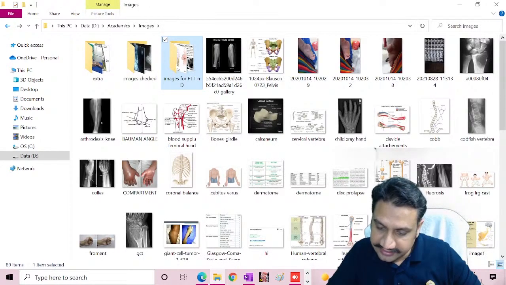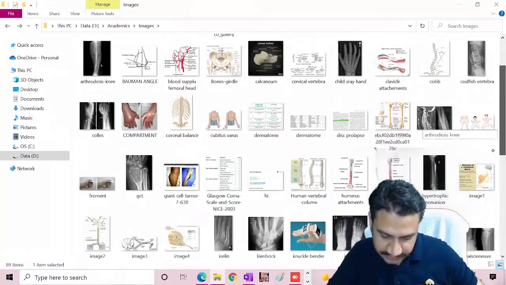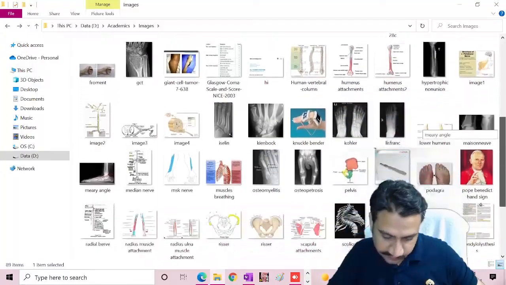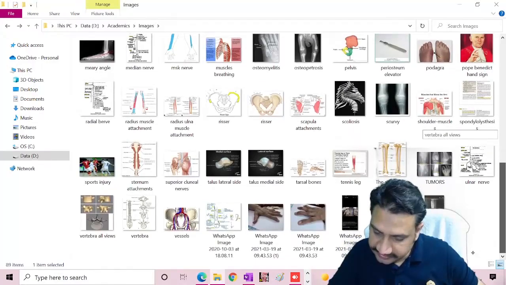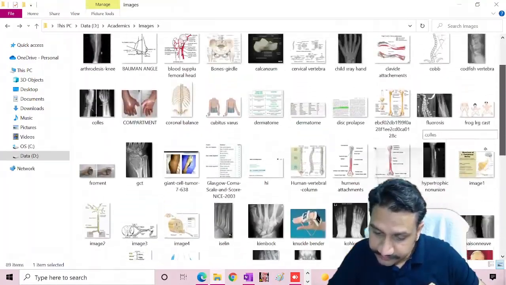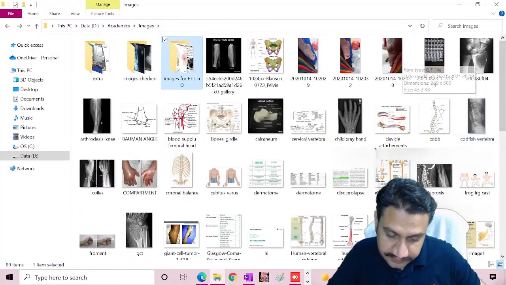So that was, again, I'm missing out that picture. Yeah, that pathological specimen, I think I missed it somewhere. That's not a problem.